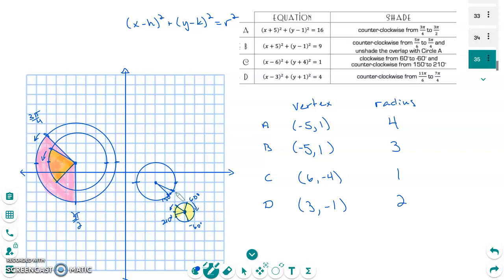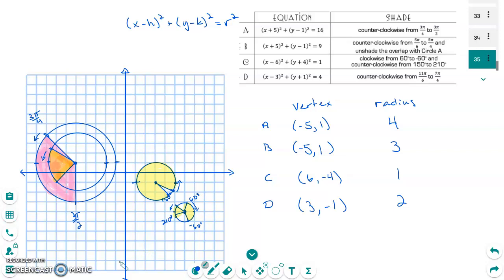We're starting at this one and going counterclockwise, so we're going backwards, which means almost all of this circle is going to be shaded except for a little sliver of it. So it's important to note the direction that you're supposed to go. It kind of looks like Pac-Man there, eating a wagon wheel.